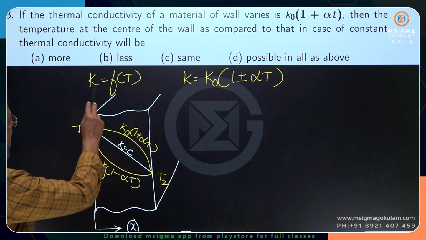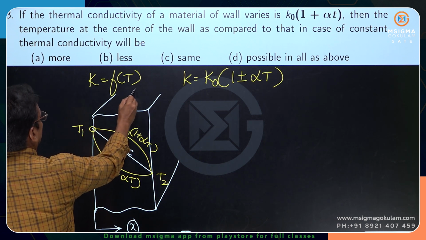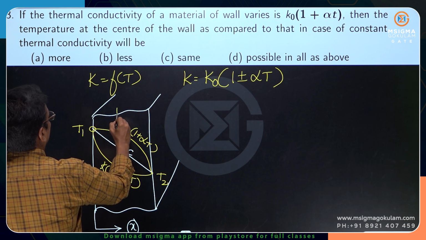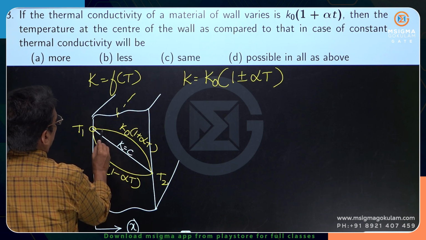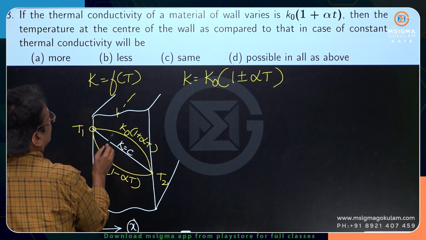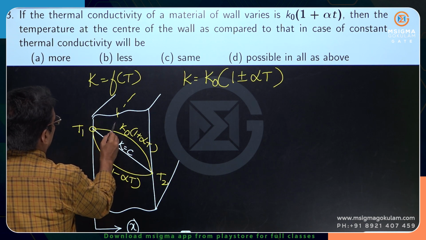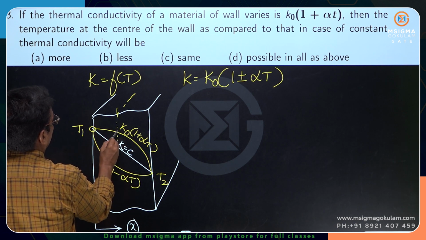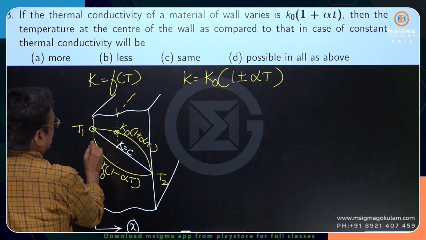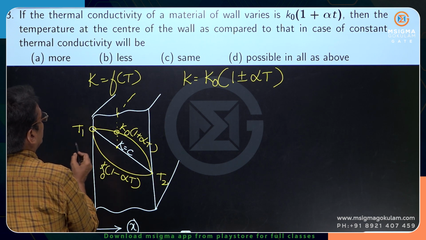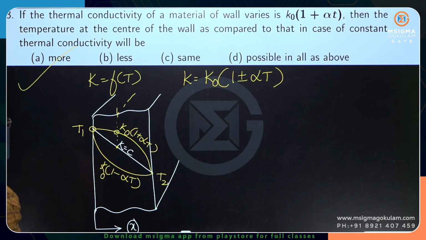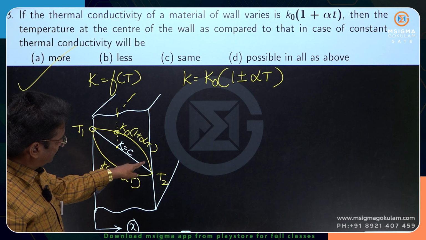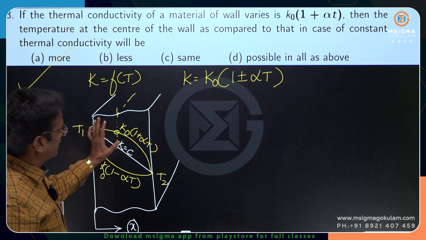See the temperature at the center of the wall. At the center of the wall, compared to constant thermal conductivity, in the case of K0 into (1 plus alpha T) the temperature will be more. The answer is A. You can easily see this is the temperature profile for K0 into (1 plus alpha T).